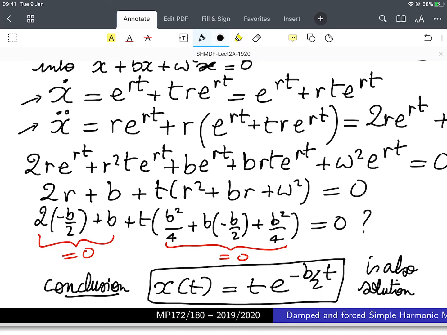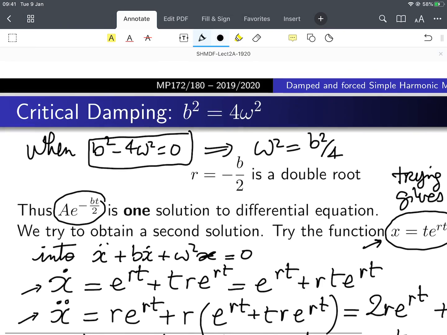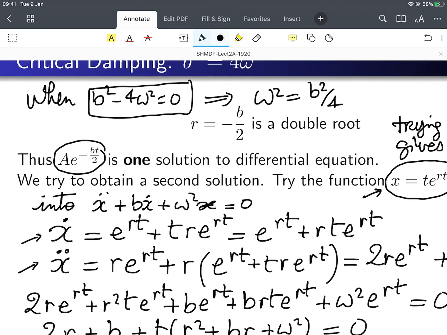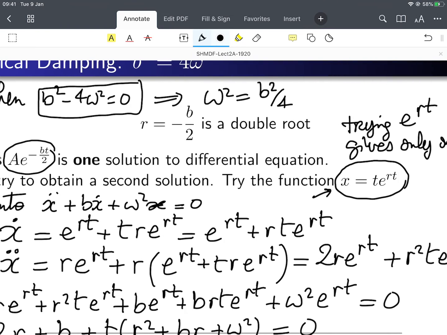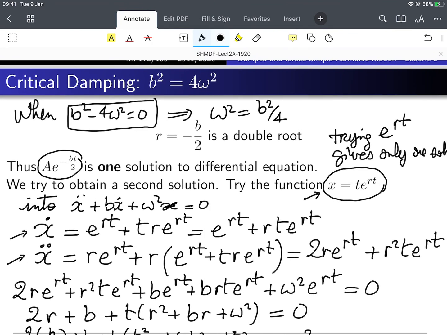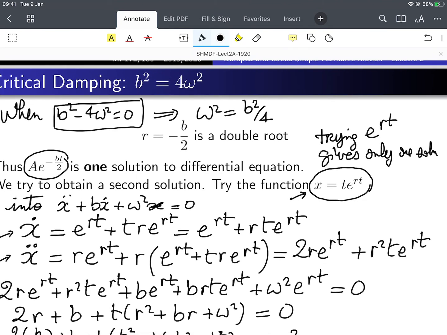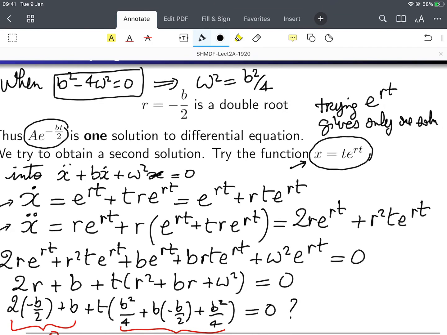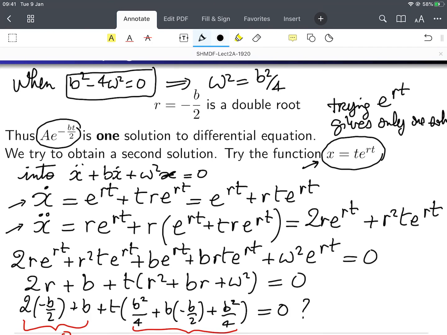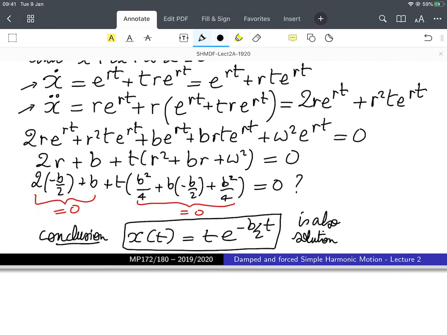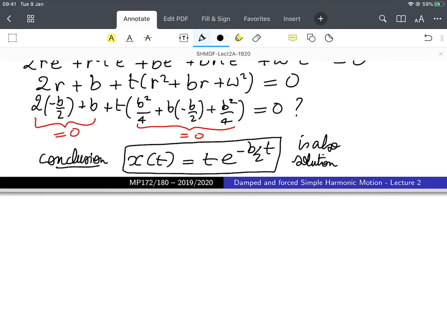So that's the other thing we must remember. If we end up with a double root, trying ERT only gives you one solution, but then we know from this proof we just did that multiplying that solution by t is also a solution. So I'm just summarizing it here.